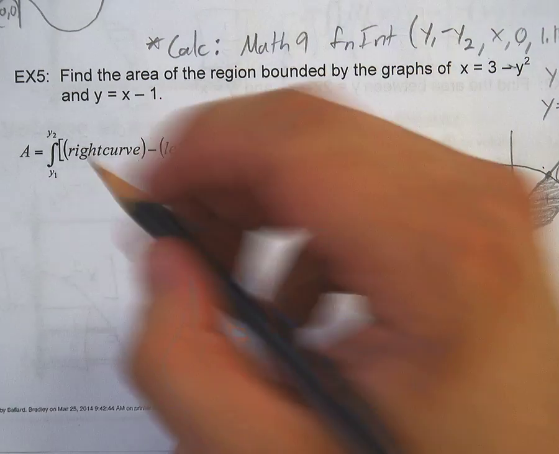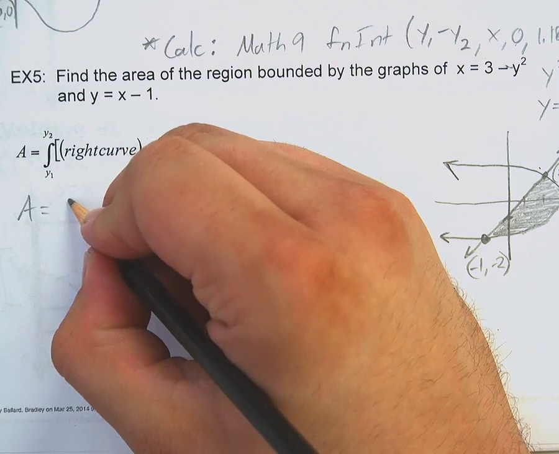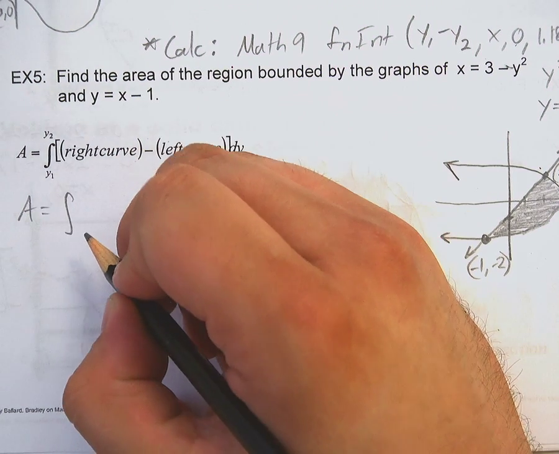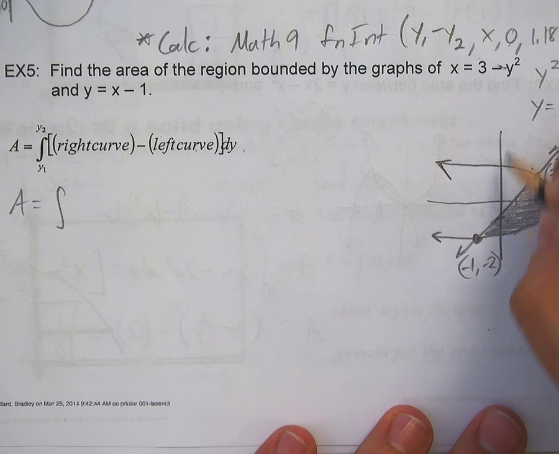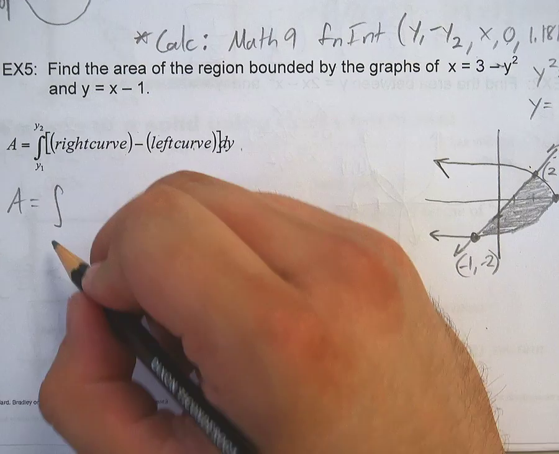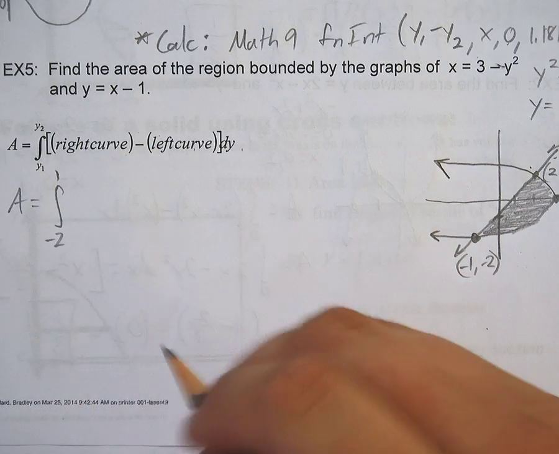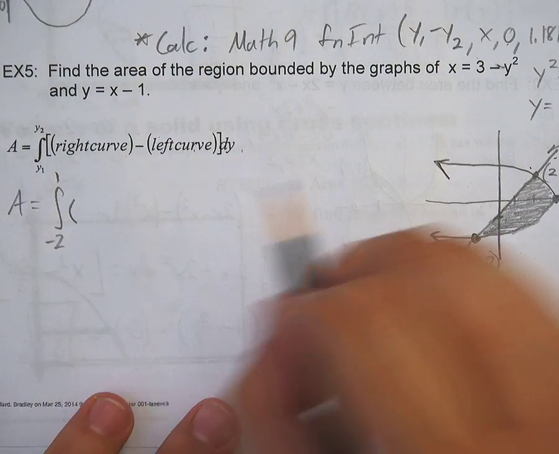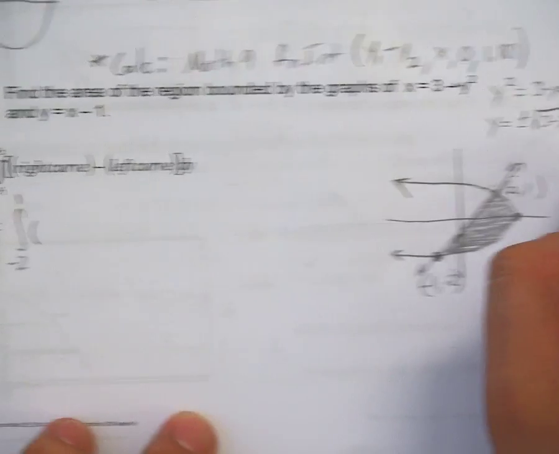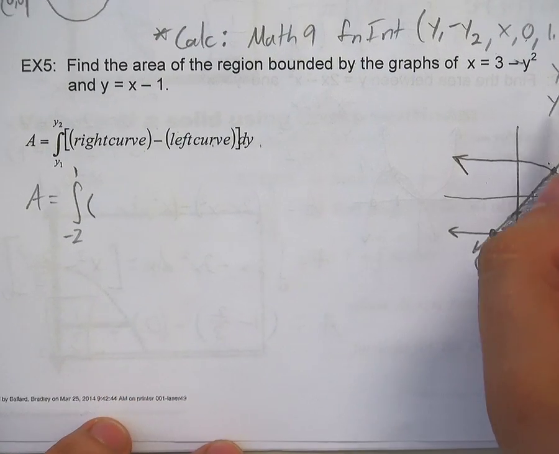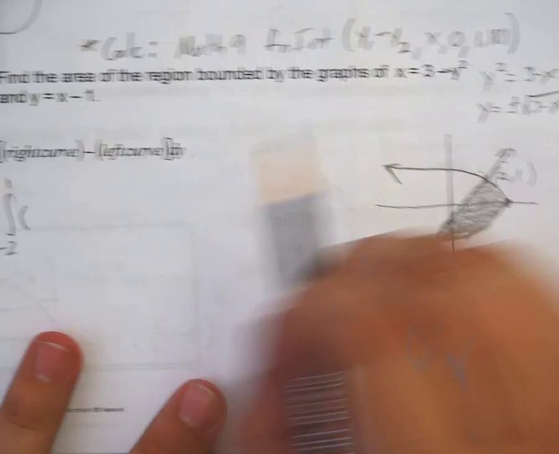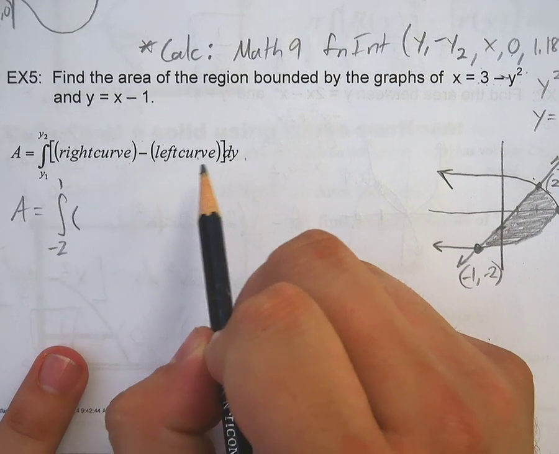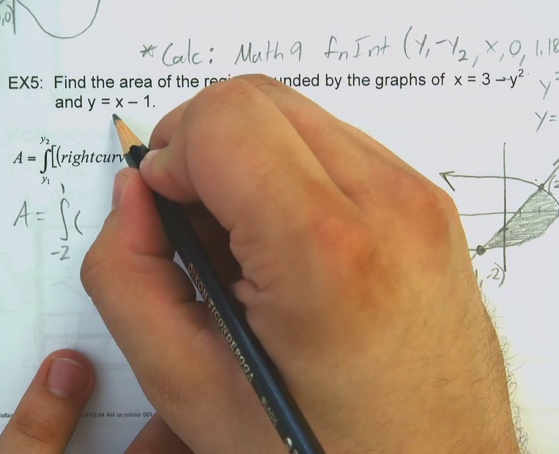Now calculator-wise, it doesn't make it any more difficult. It's the integral from y1 to y2. So my y values are bottom to top, -2 to 1, of the right curve, which is this guy, right? The right curve is x equals 3 minus y squared. Since I'm dealing with reference to y, let's get this other one in terms of x as well.